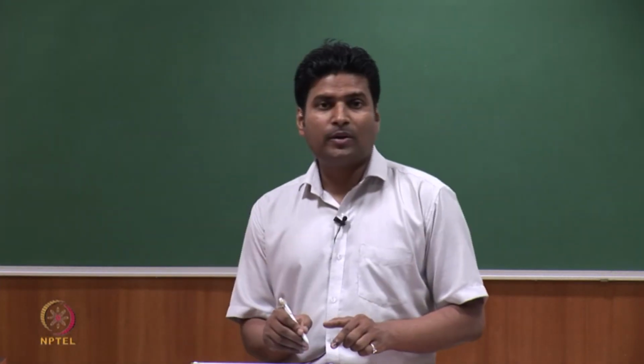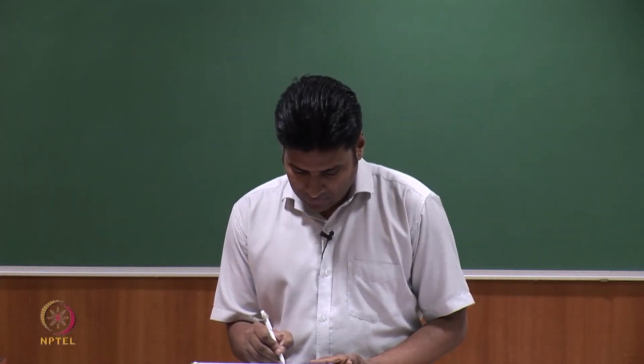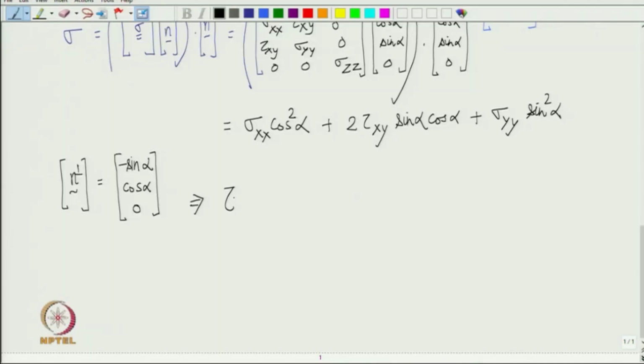So, with this n perpendicular, what will be tau? So, your tau as defined in that picture is simply sigma matrix multiplied by the n vector. This gives you total traction and you dot this in the n perpendicular direction. For the sigma you dot with n, for tau you dot with n perpendicular, all right.